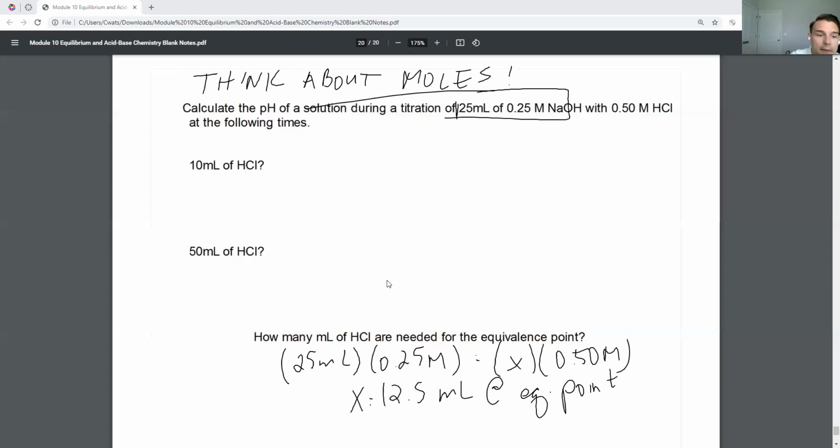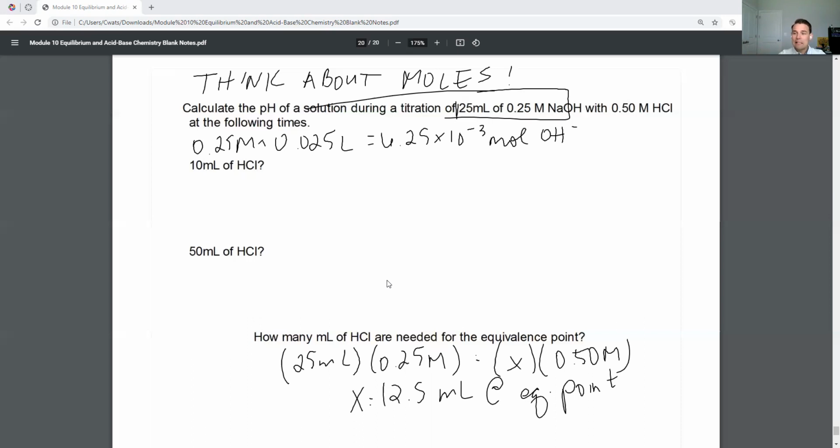How many moles is that? 0.25 molar times 0.025 liters gives me 6.25 times 10 to the negative third moles of the hydroxide ion. Because remember, that's how much hydroxide I start with.